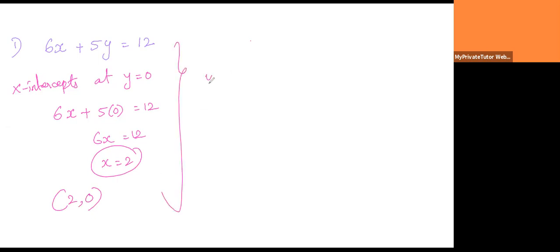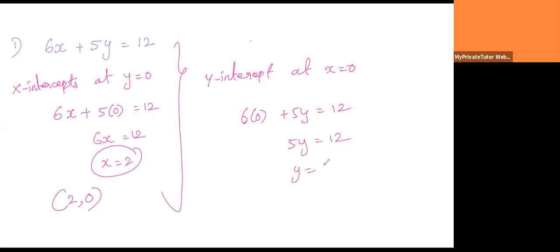What about the y-intercept? At x equals 0. If you put x equals 0, we get 6 times 0 plus 5y equals 12, so 5y equals 12, and we end up getting a fraction here. If you want to convert this into a decimal, you can go ahead and simplify.